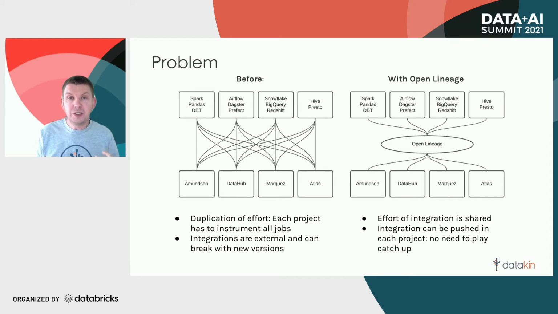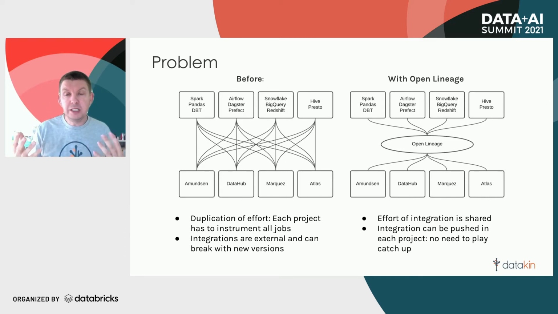And they're all figuring out how to extract this lineage from the various tools we're using to process data. So there's lots of duplication of effort. Each project has to instrument all of those projects. And it's also very brittle because those external integrations break whenever each of those projects changes.